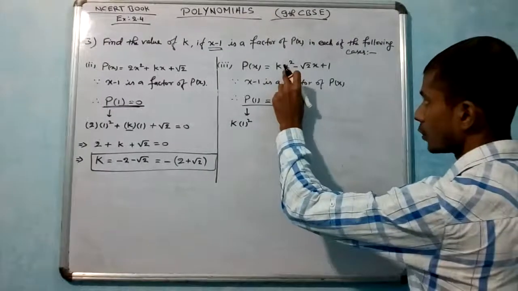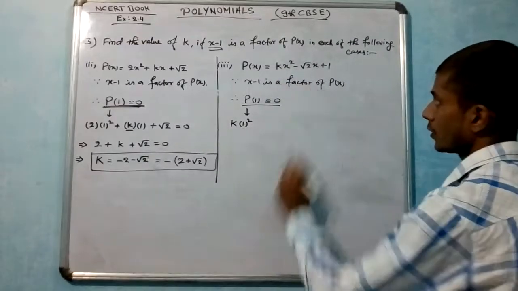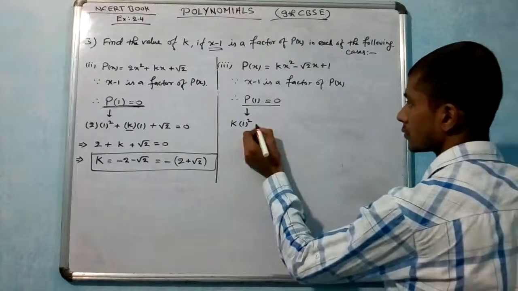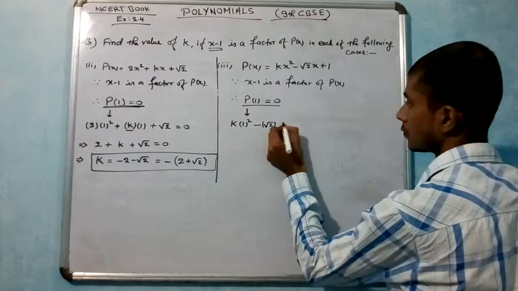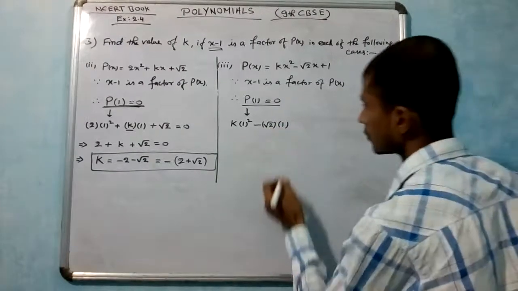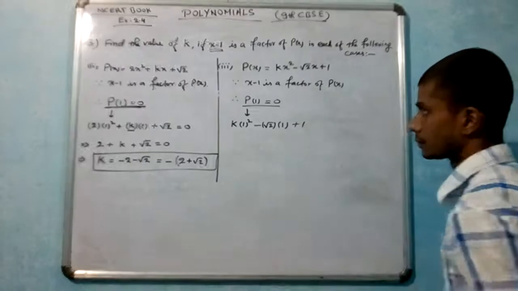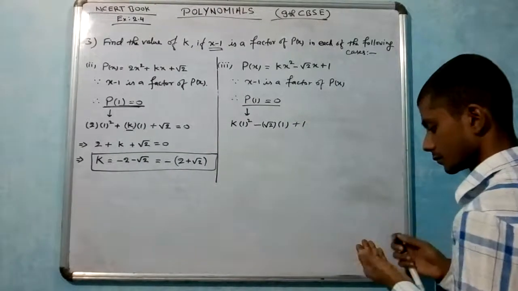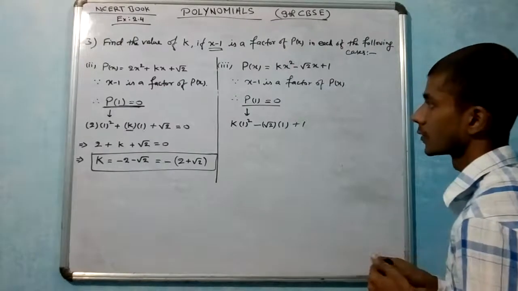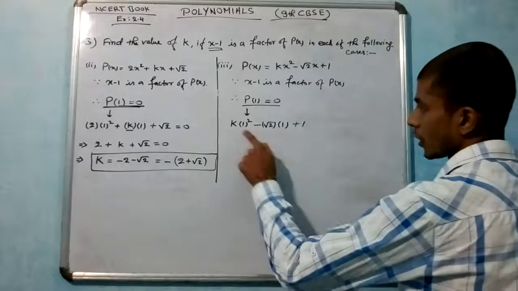Focus properly, fully, and then tell the answer. K into 1 square. Then next, what should I write?